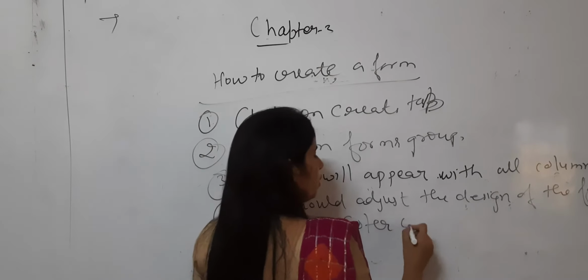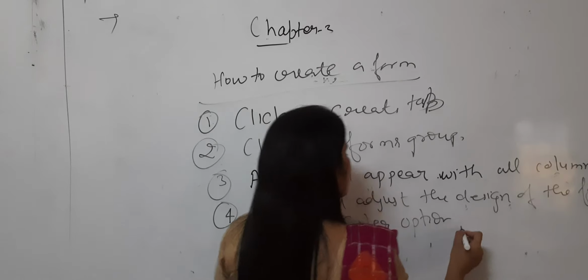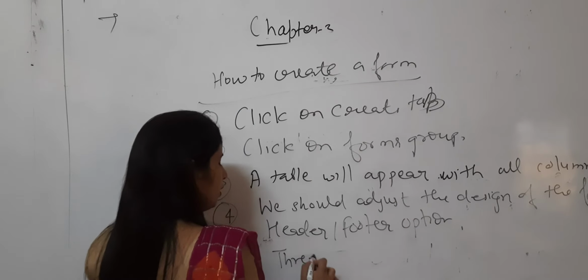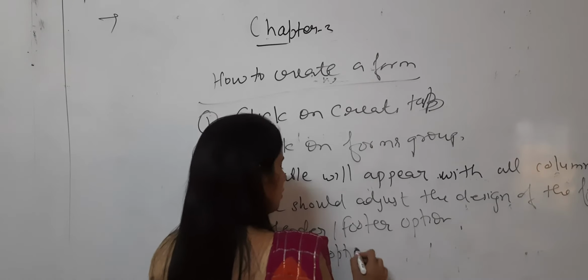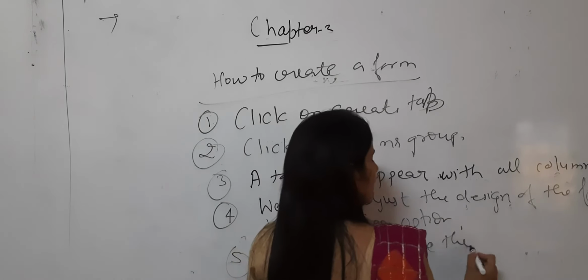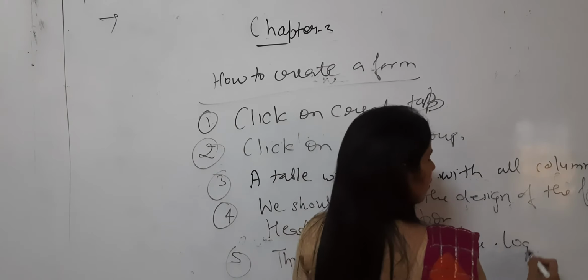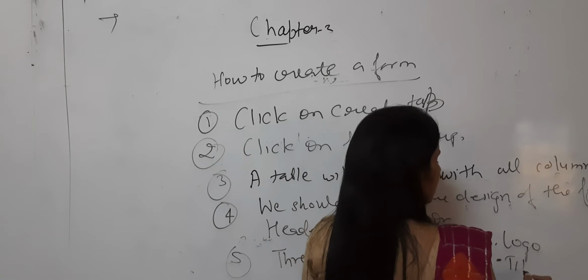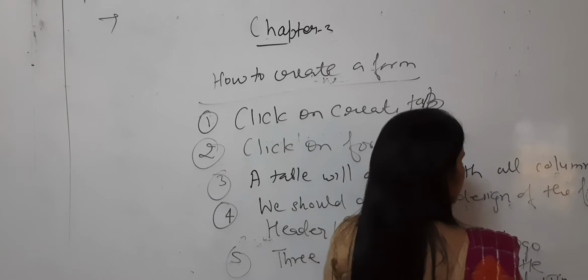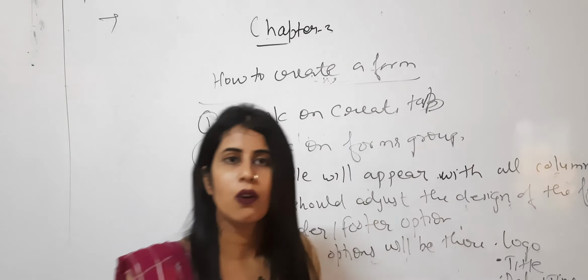When you click on the Header/Footer option, you will find three options. And what are these? First one is Logo, second one is Title, and third one is Date and Time. What is a logo?